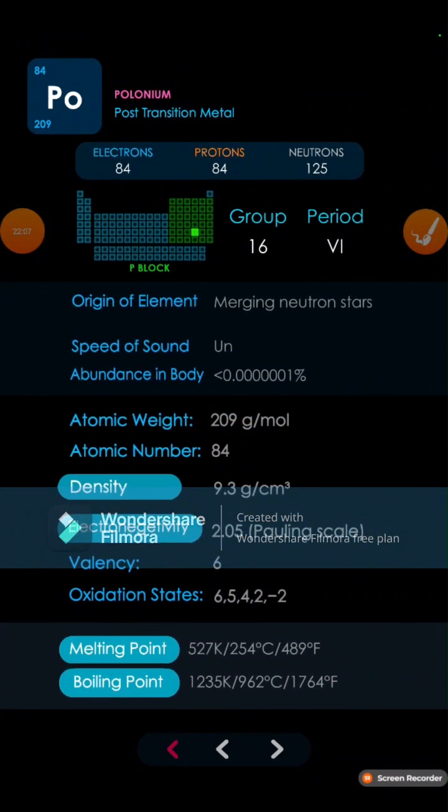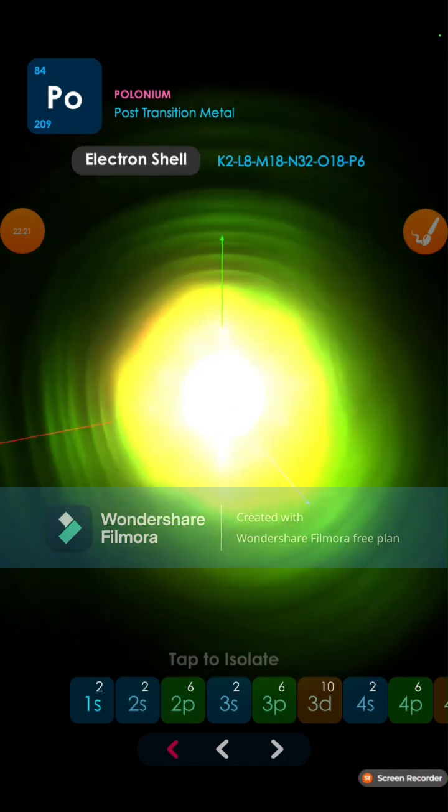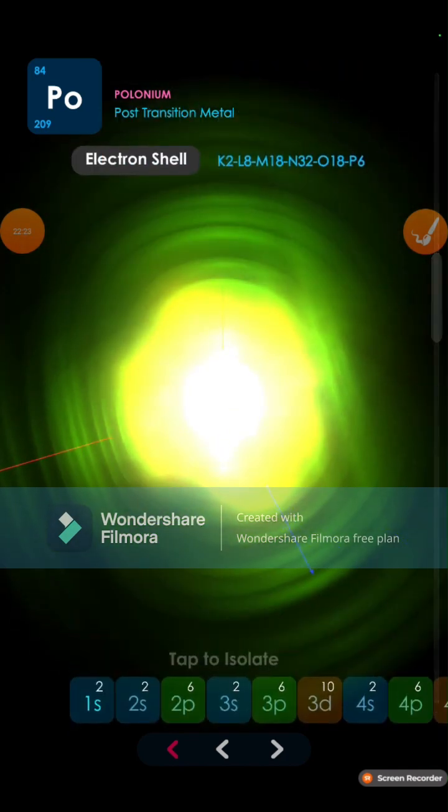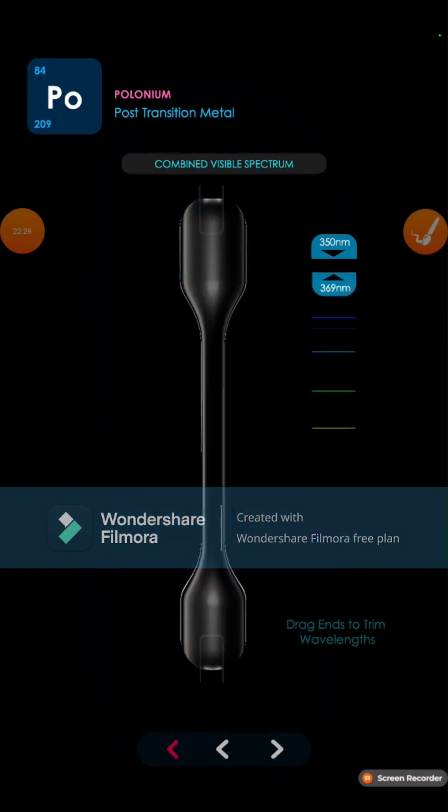The density is around 9.3 grams per cubic centimeter. The melting point is 254 degrees Celsius and the boiling point is 962 degrees Celsius. As you can see the electron shell over here, and the visible spectrum.